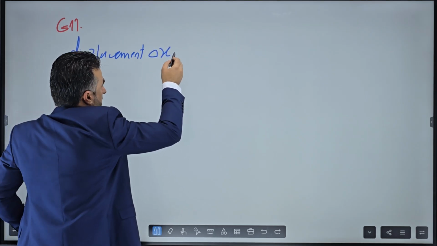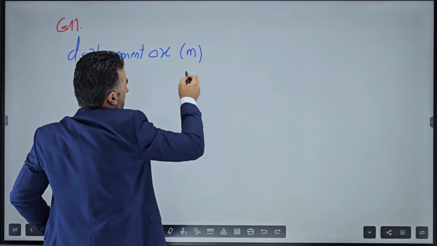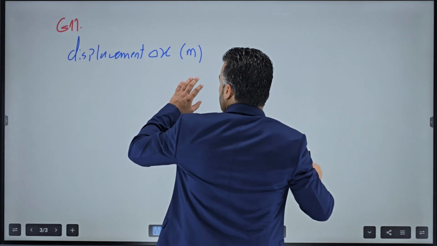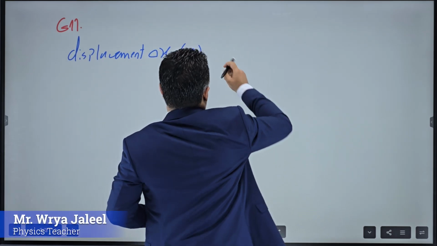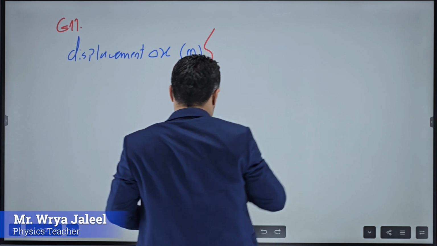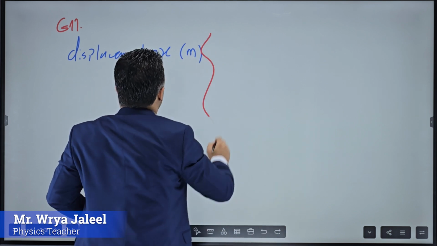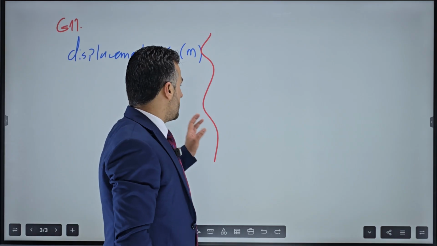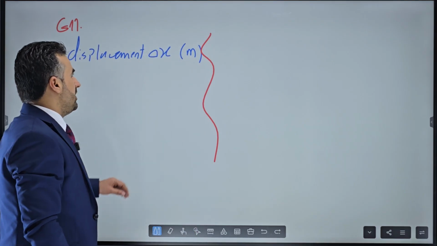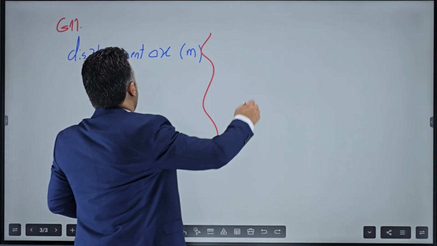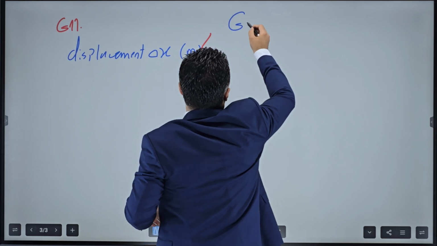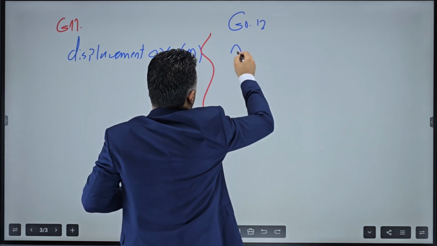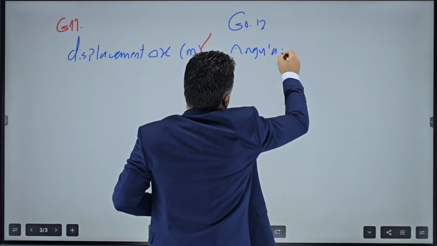Delta x was measured in meters, the SI unit here. Delta x, that is the translational displacement. But for grade 12, this year, instead of displacement, we have angular displacement.